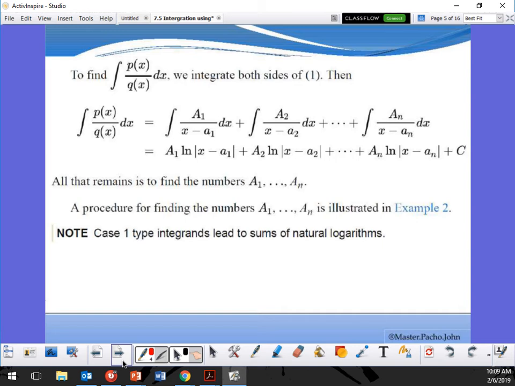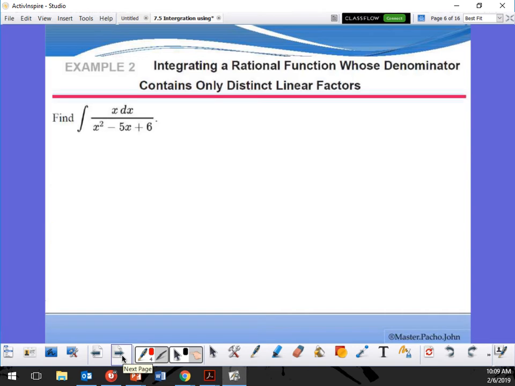Okay, so now the denominator contains only distinct linear factors. Linear factors now. What does linear mean? Gotta have degree of 1, right? Yes. So we're gonna break this up now. Let's factor the denominator.